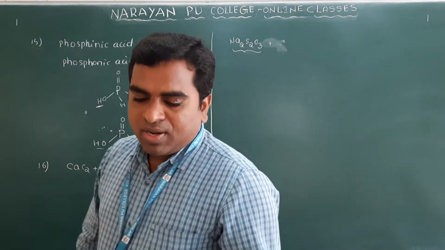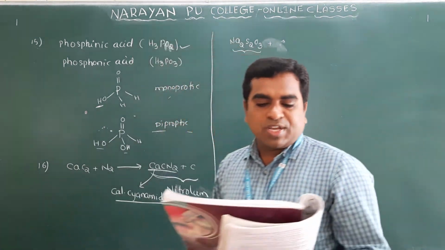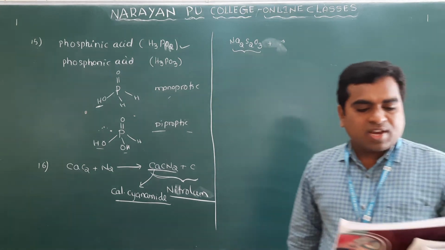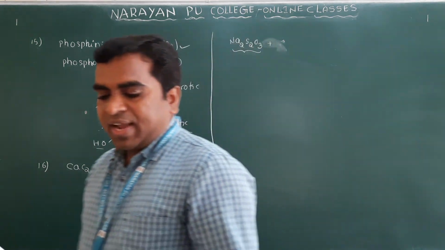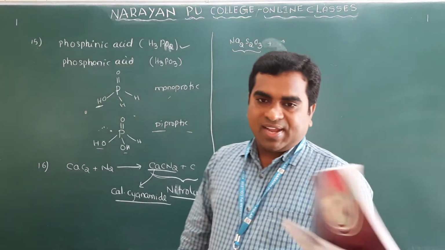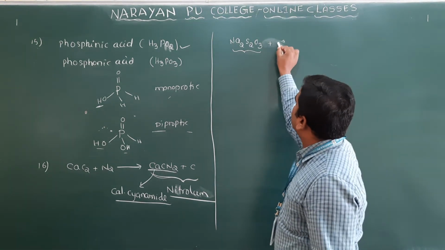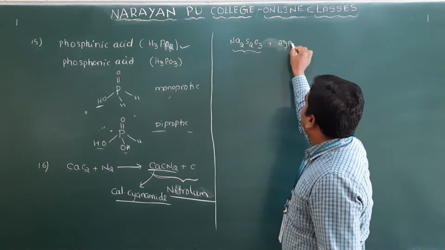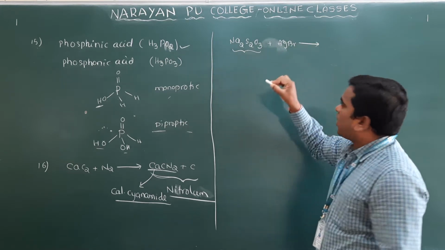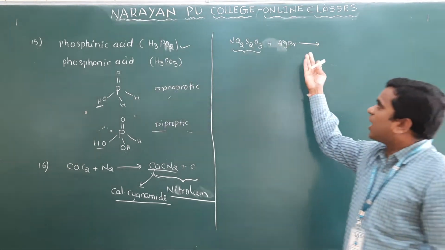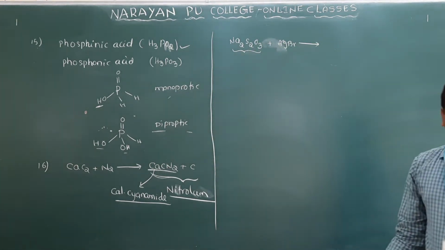They have given options: reducing behavior, oxidizing behavior, complex forming behavior, reaction with light. Simple: you have to remove the AgBr, and if you remove AgBr, it forms a complex compound with sodium thiosulfate.